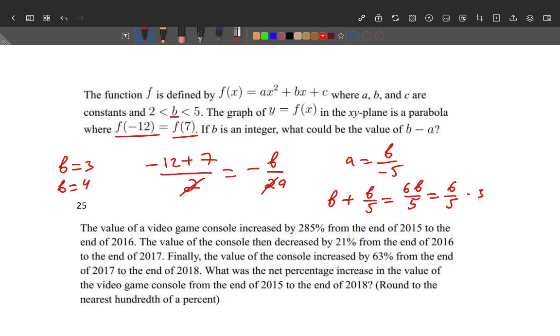If 3, I took the value... there is an error. The negative 5 is negative b divided by a. A is equal b divided by 5.